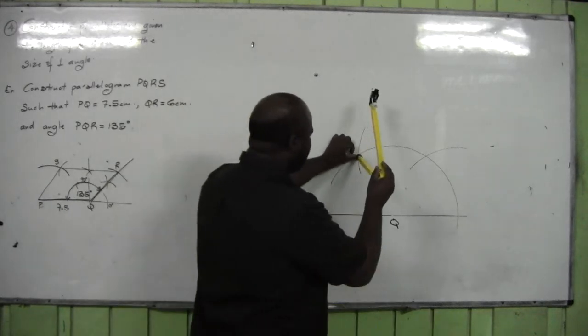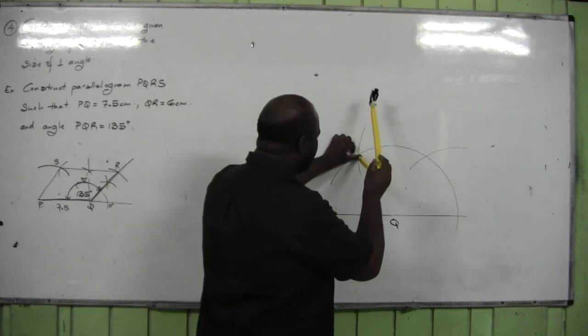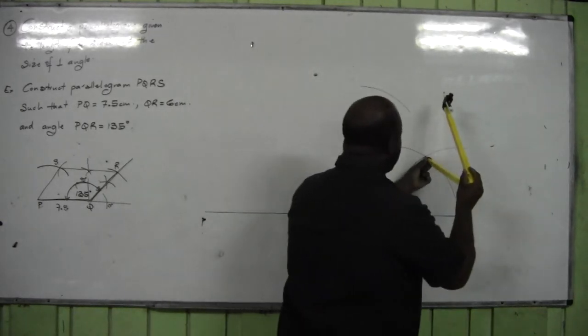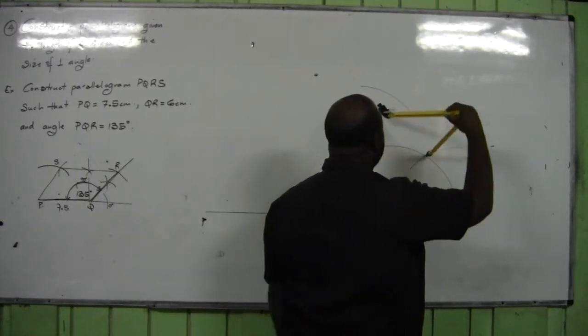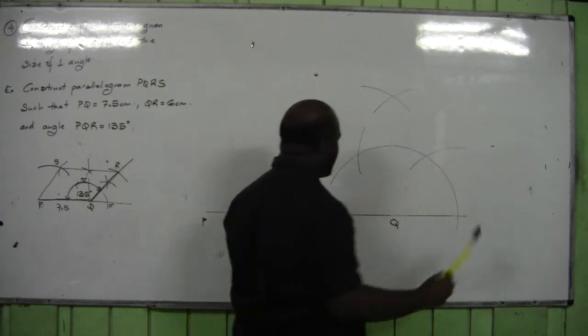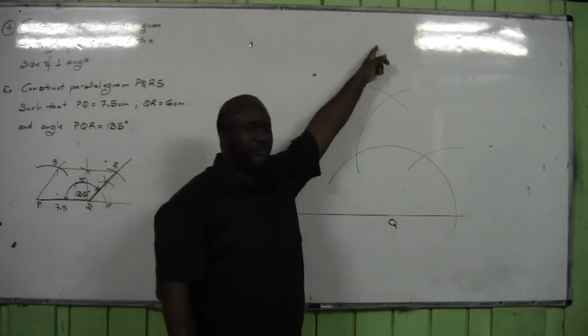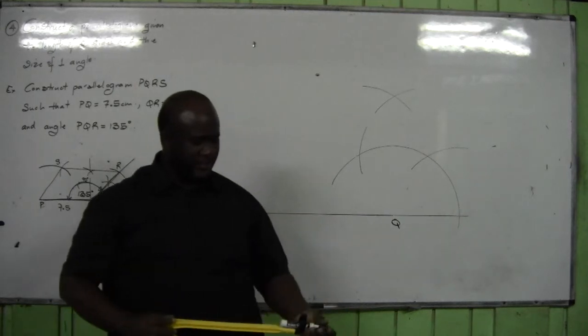I put the metal tip at 120 and I scribe. Then I put the metal tip back at 60 and I scribe. Then I'm going to draw a faint line from Q through here. Everybody do the same.